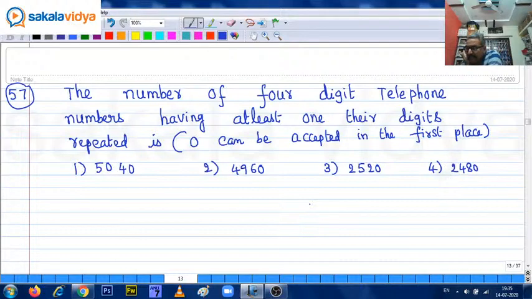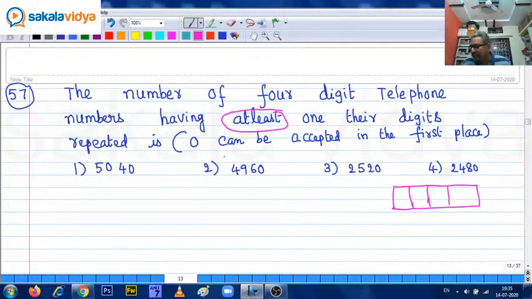Even 0 may be accepted in the first place. In general, if you put 0 first, that cannot be a 4-digit number, but here it can be accepted. Here the 4-digit telephone numbers need to be formed, with one condition. At least one means total number of arrangements with repetition minus total number of arrangements without repetition.